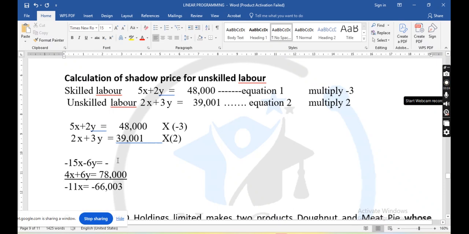Sorry, that's minus 144,000. So 2 times 39,001. 2 times this. 78,002.